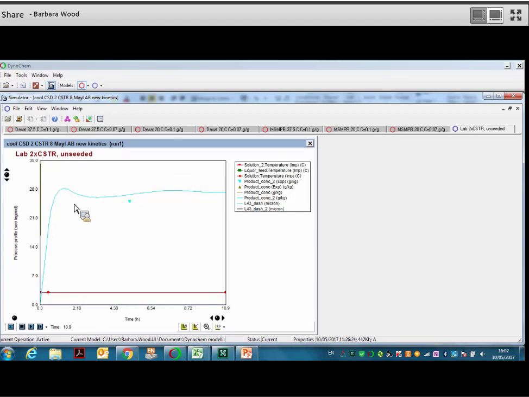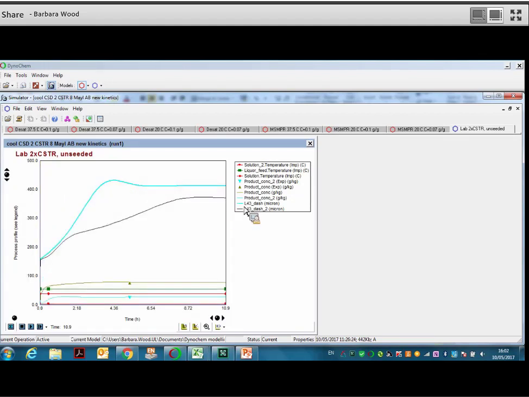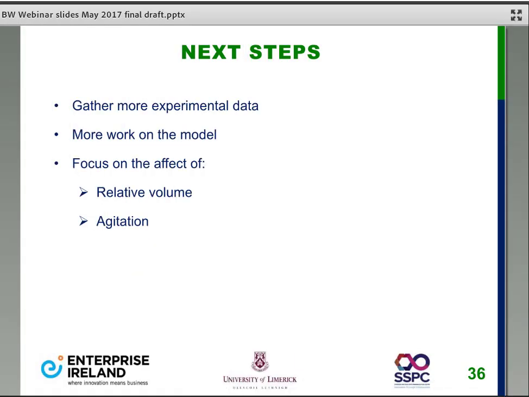You can see as well, if you compare it with the particle size data, you get to steady state with regard to dissolved concentration before you get to particle size steady state. And this is quite representative of a real system as well. And how does that affect the time to steady state with regard to particle size? So one of our big focuses now is going to be the volume in crystallizer 2.